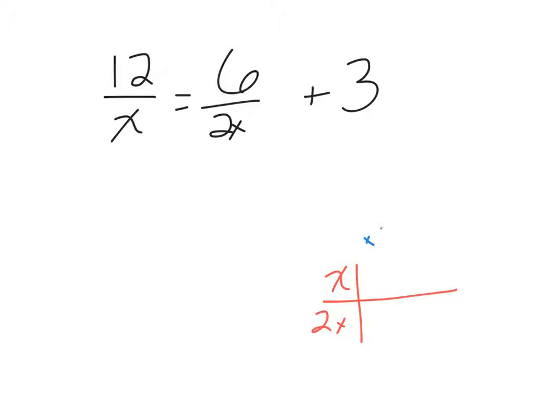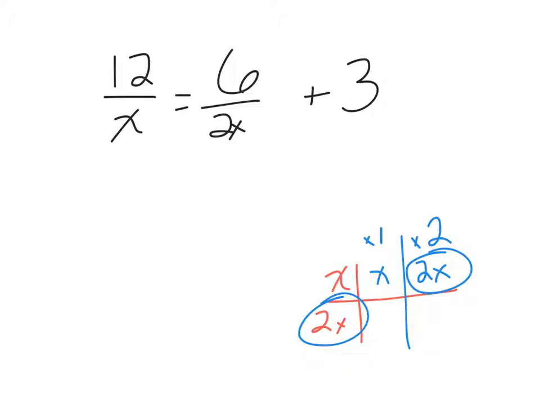Well, x times 1 would just be x. And x times 2, since I don't know what x is, I can't solve this, so we would simply call that 2x. There's the same number we're looking at here. So therefore, 2x is our common denominator.